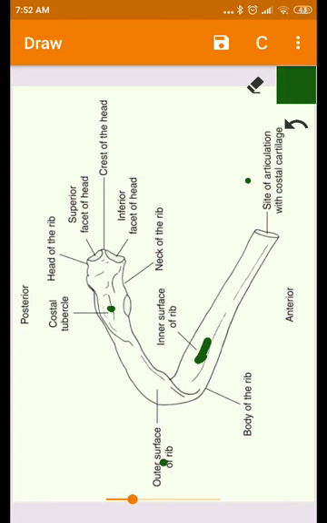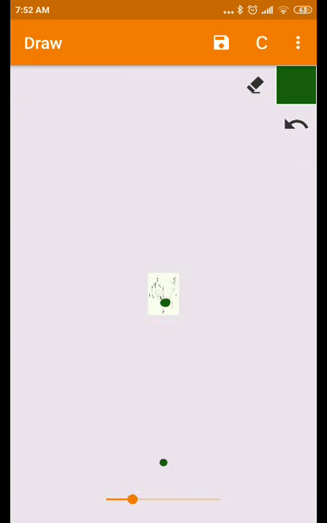The surface is marked by a ridge which is continuous with the lower border of the neck, so that ridge continues from the lower border of the neck.